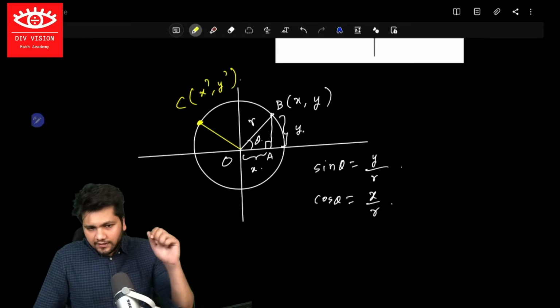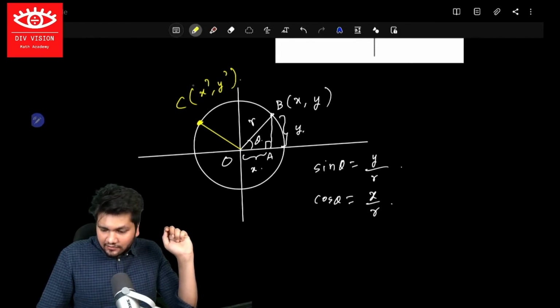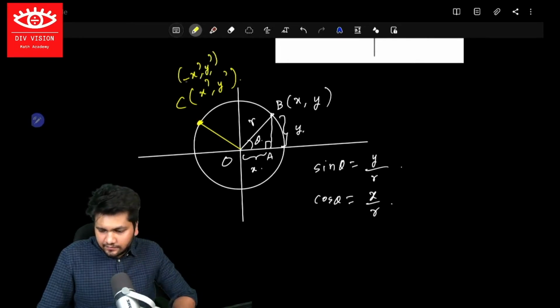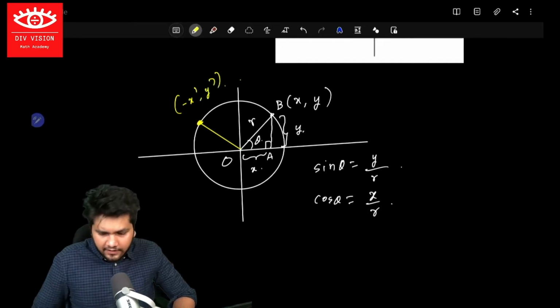So in the second quadrant, x will always be negative. So it's going to be minus x dash, whatever we can say. And y will always be positive because it's going up. So it's going to be minus x dash comma y dash. So instead of writing x dash y dash, we'll just write minus x dash and y dash. Just name. So this is going to be C.